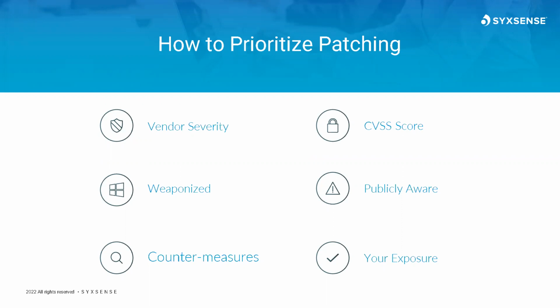We start off with the vendor severity, which typically starts at critical being the worst, high, medium, low, and NA being the least critical. Then we use the independent CVSS score. And the score actually is from 10 to 0, 10 being the worst and 0 being the least.